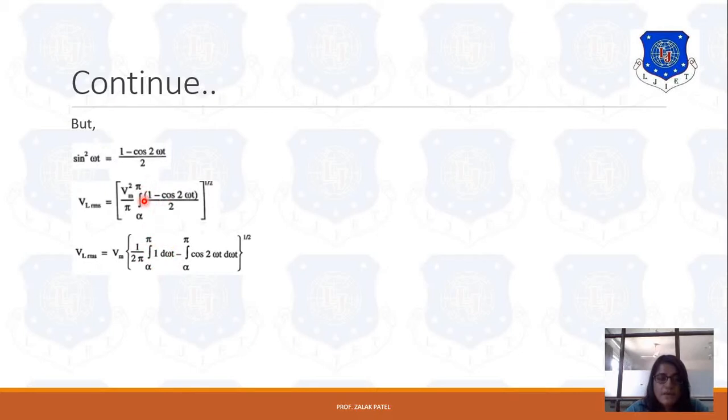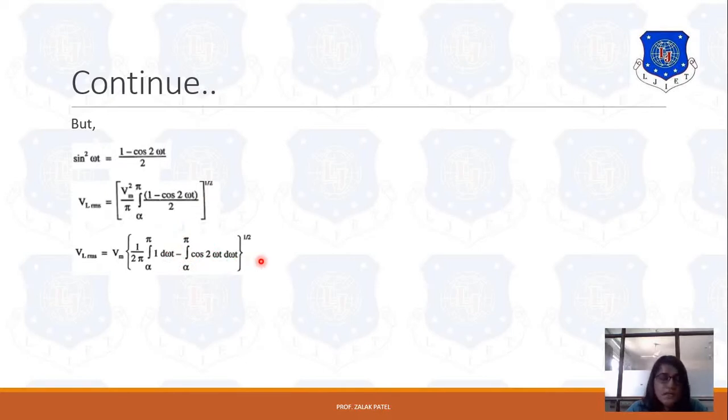Over here there is only 1 and no other term, so the integration is with respect to omega t only, from alpha to pi. Since cos 2 omega t is there, we separate the two terms, 1 and minus cos 2 omega t, each integrated from alpha to pi with d omega t.